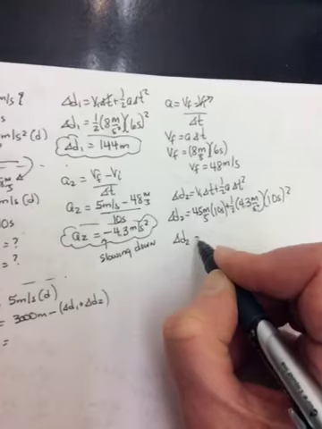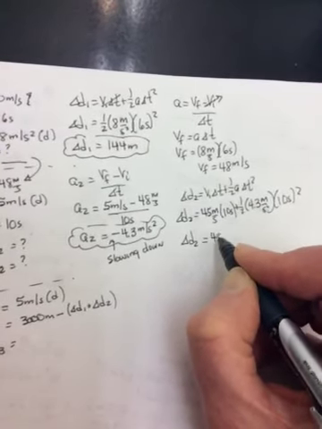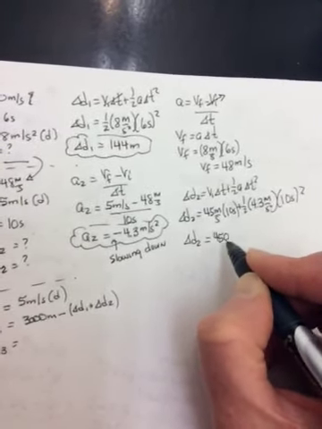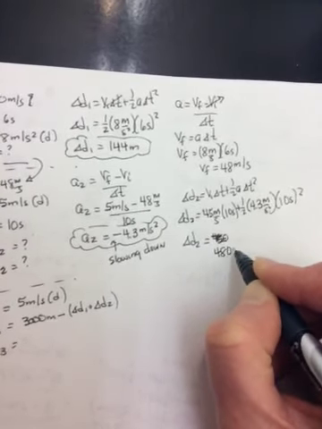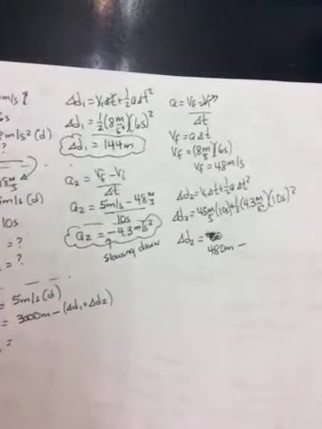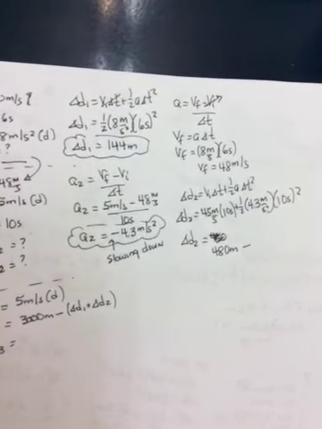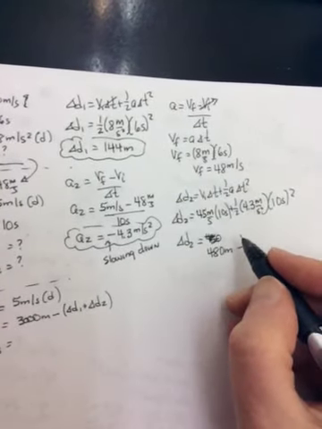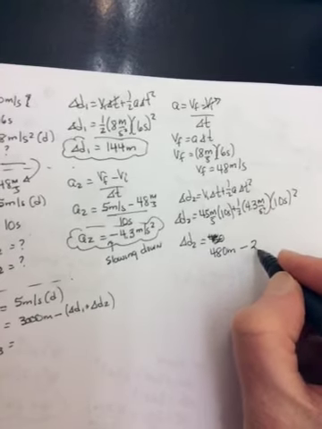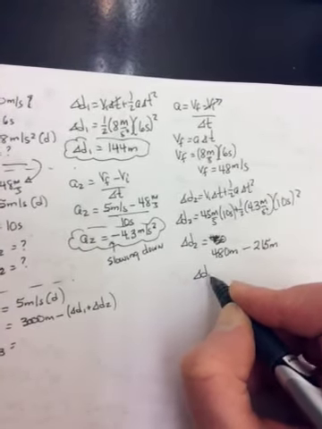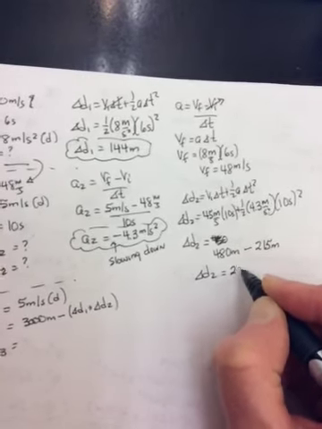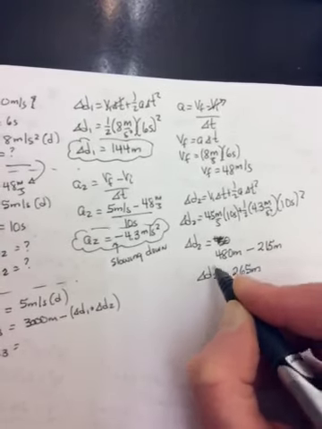So delta D2 is equal to, the first term is going to be 480 meters, minus 10 squared is 100, 430, and take half of that should be 215 meters. And so delta D2, when you subtract, should be 265 meters.